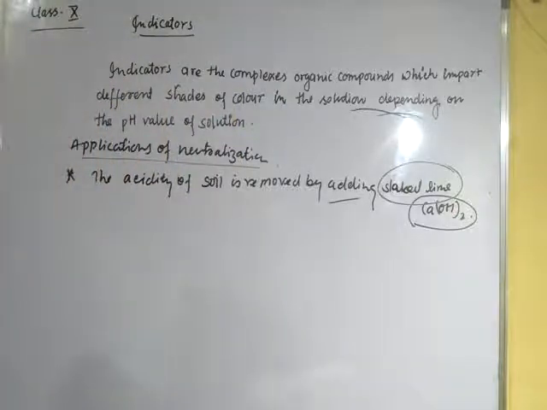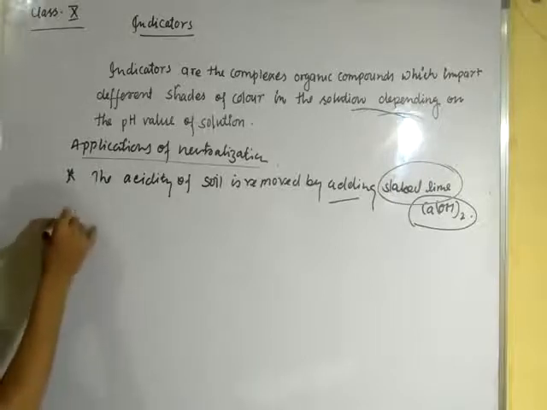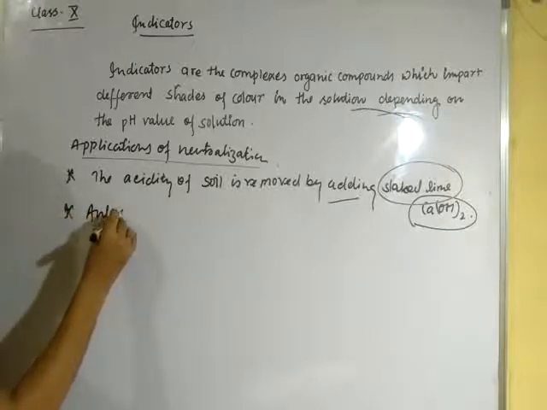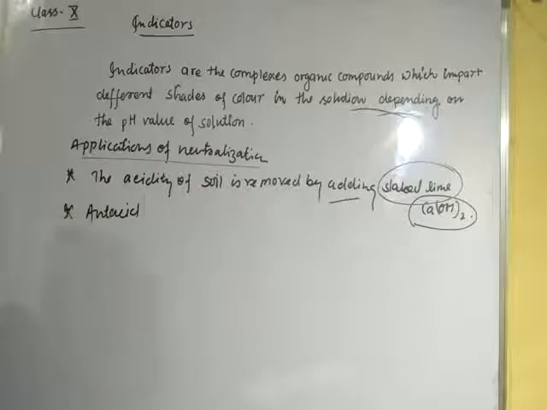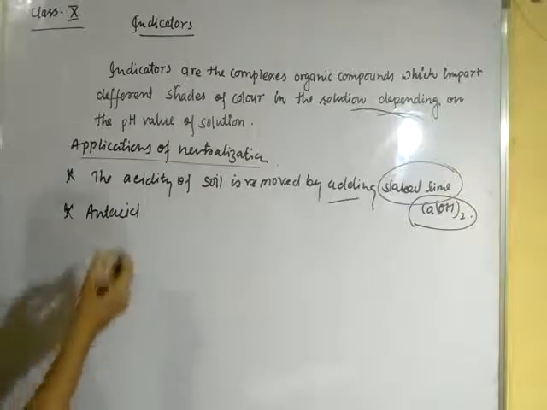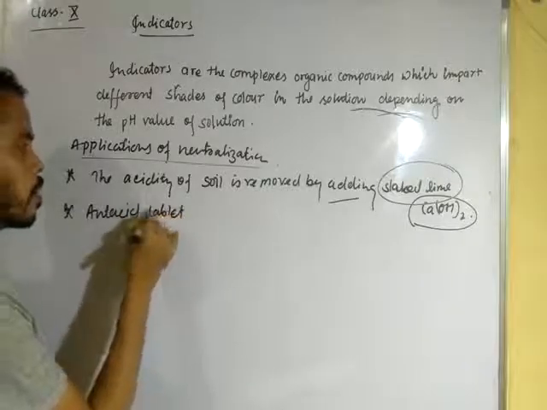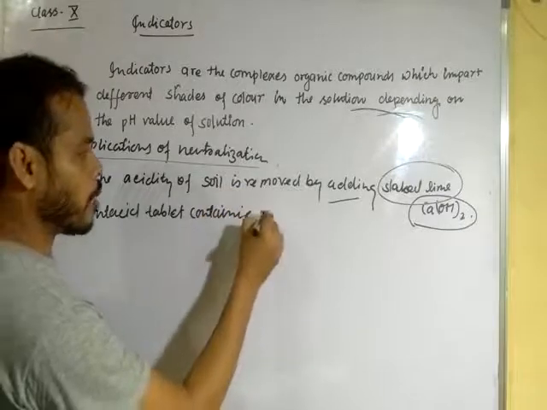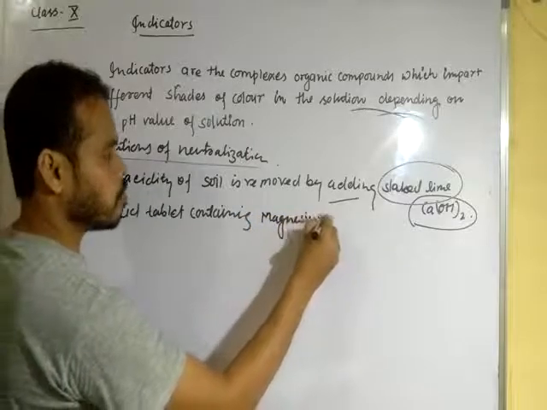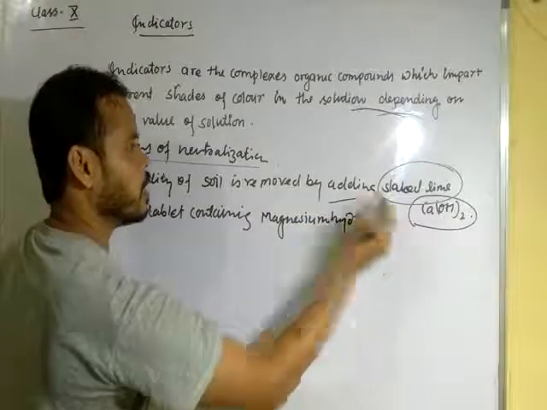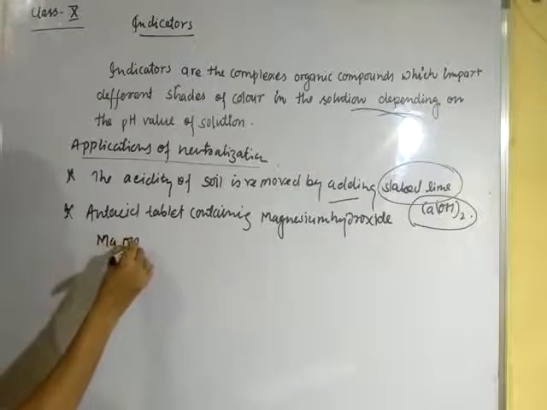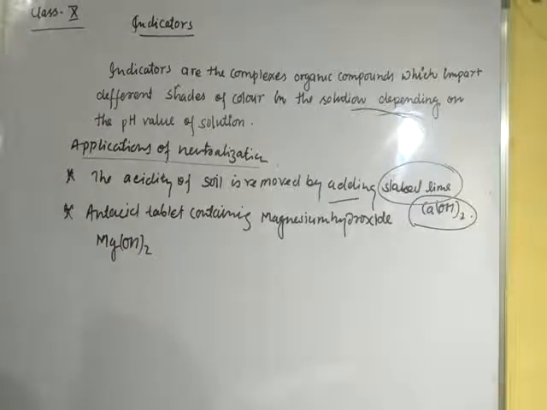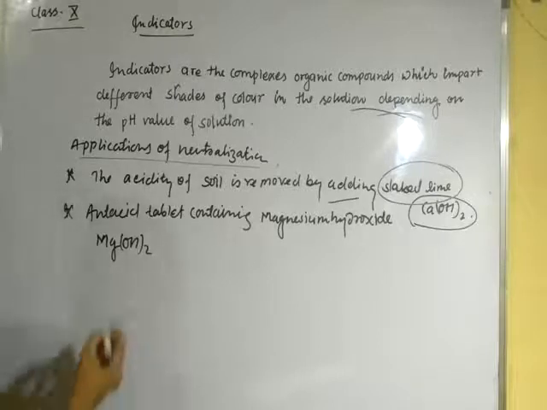Okay, dear student. Next one is antacid, milk of magnesia. Antacid tablets containing milk of magnesia, or magnesium hydroxide, are given to the person suffering from acidity.